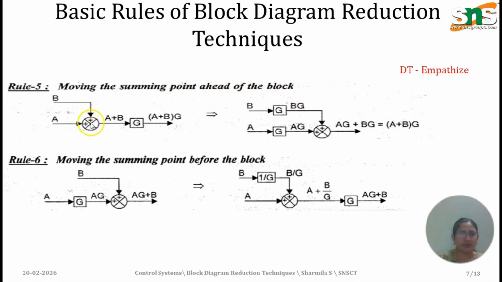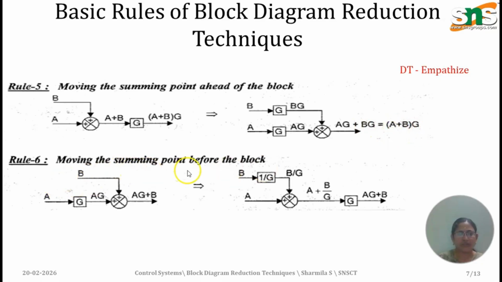The summing point has A, B with a plus symbol, so we add A plus B, and the block gives A plus B into G. If we want to move the summing point ahead of the block, we get AG, BG and the summing point. So we get AG plus BG, and the common gain is outside: A plus B into G.